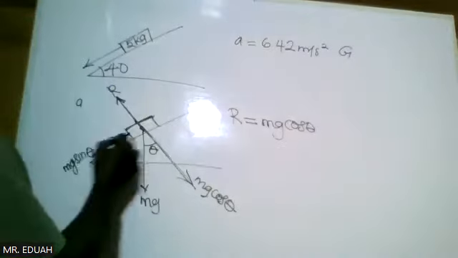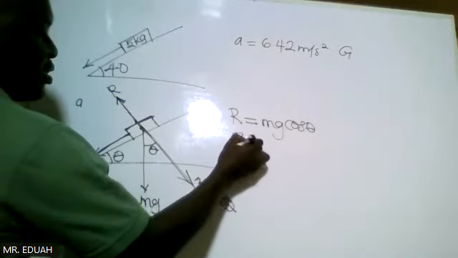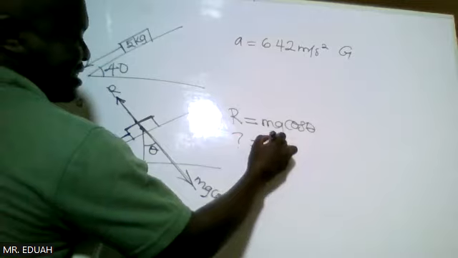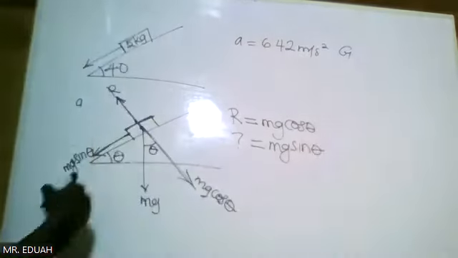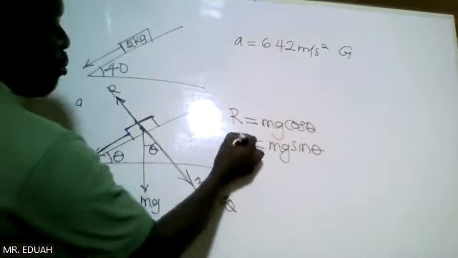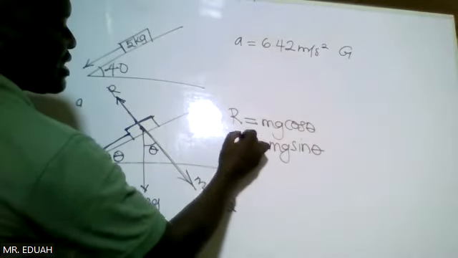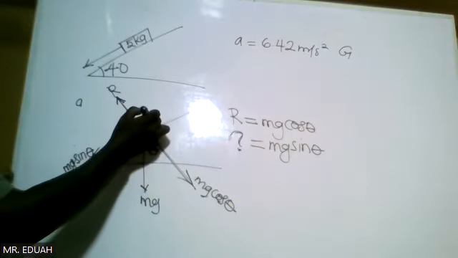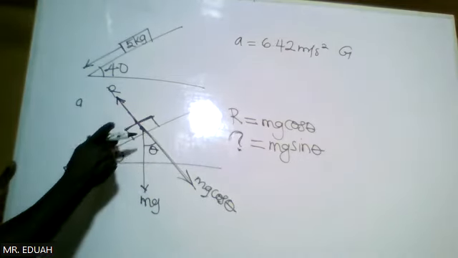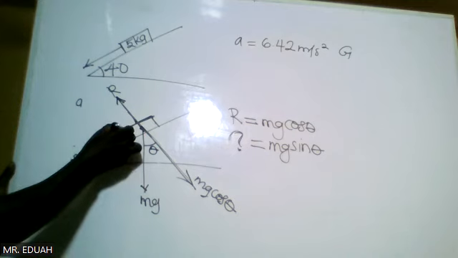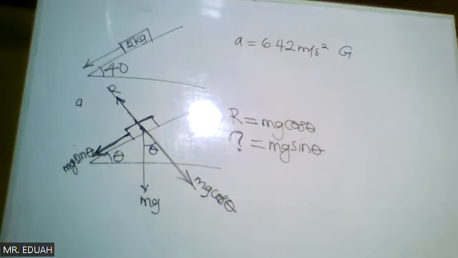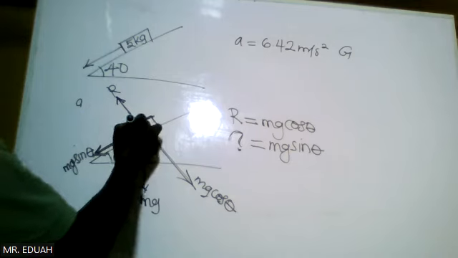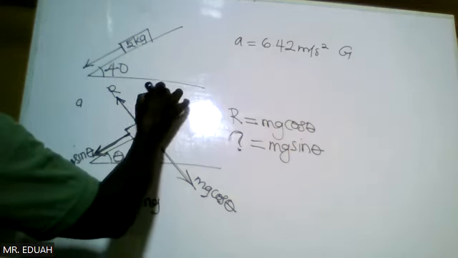But mg sine theta is unbalanced, meaning it has no balancer at the opposite end. There's nothing which balances. So when you place something on an inclined plane, it is always accelerating down the inclined plane. Okay, now let's apply it. We have the mass of this as 5 kilograms.